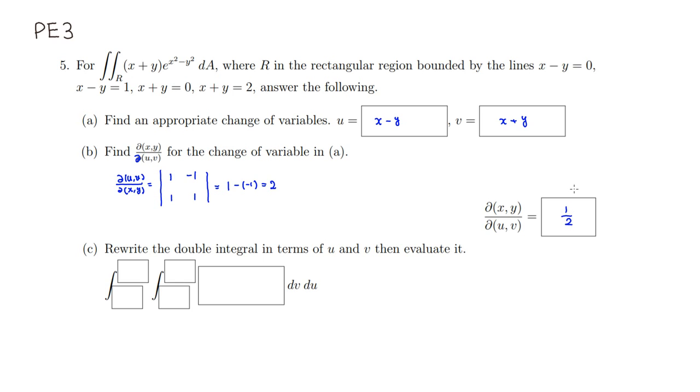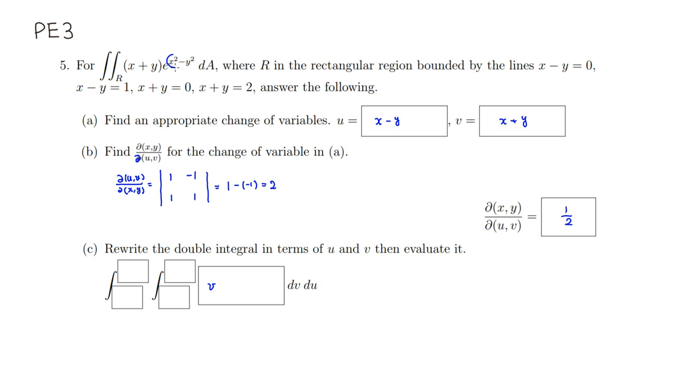Then we're just going to rewrite this integral. You see that there's an x plus 1 in front. x plus 1 is v, so I'm going to put v here. Then you have e to the x squared minus y squared.